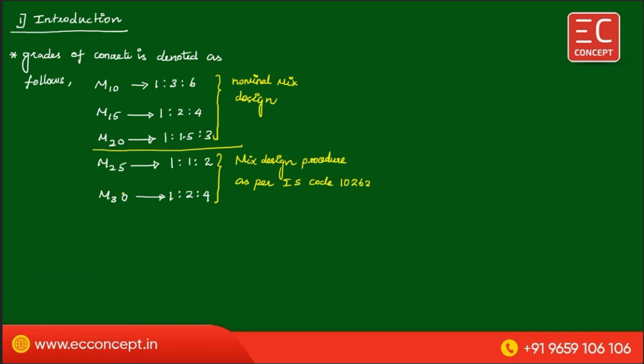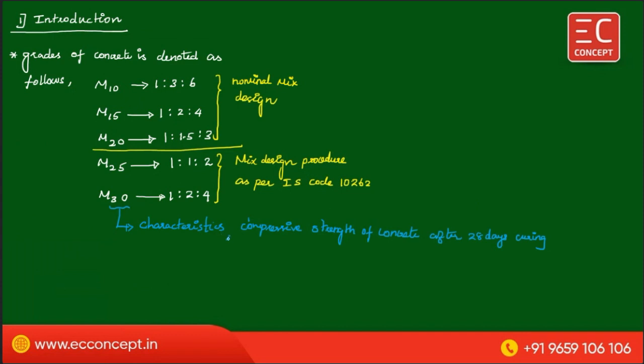Now say in this M10, M15, M20, M25, M30, this numeral value says the characteristic compressive strength of concrete after 28 days curing.